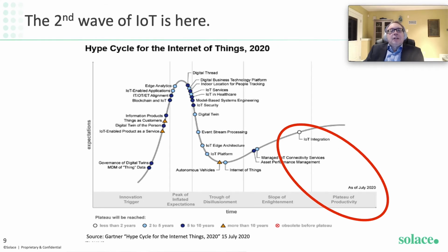This is a slide from Gartner that shows where they view IoT in the hype cycle, and we're very much well beyond basic IoT platforms and into IoT integration, and very much in the stages where people are doing useful and productive things with IoT platforms.